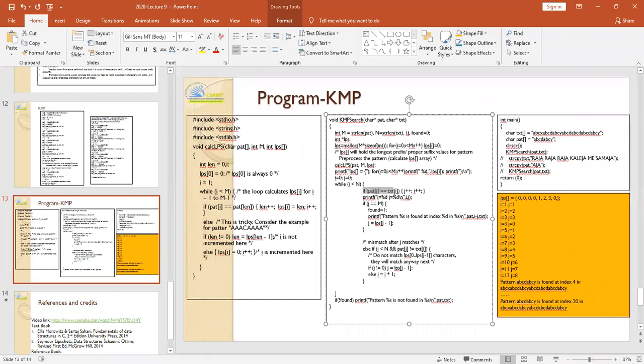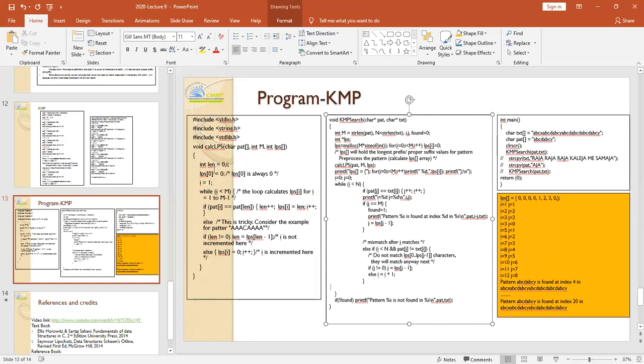If pat of j is equal to text of i, what will you do? You will increment both j as well as i. So keep on incrementing up to where? When j double equals m, pattern found. Okay. So at that time, this is for the match case, and if a mismatch occurs, this is the code we are going to take. Understood? So this is the part of the program.